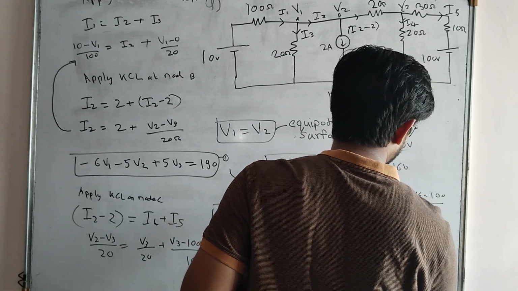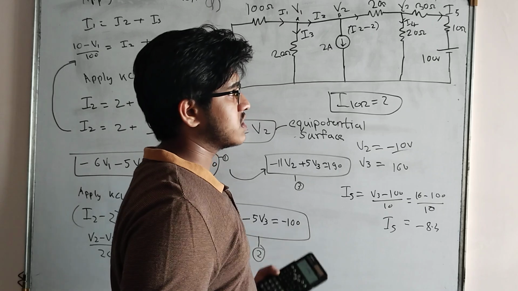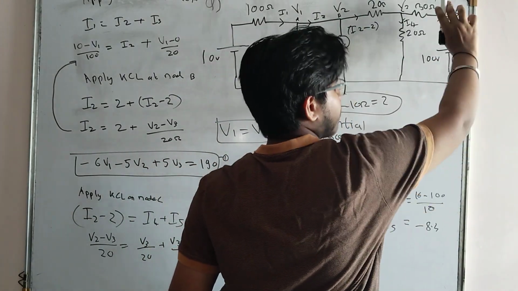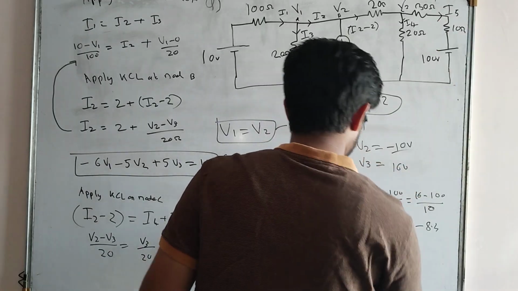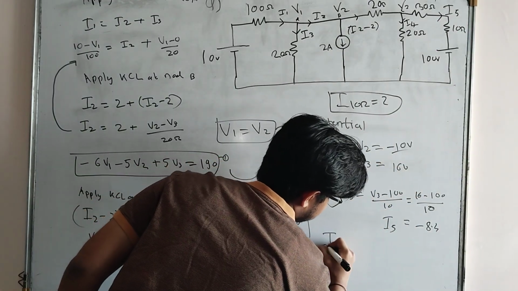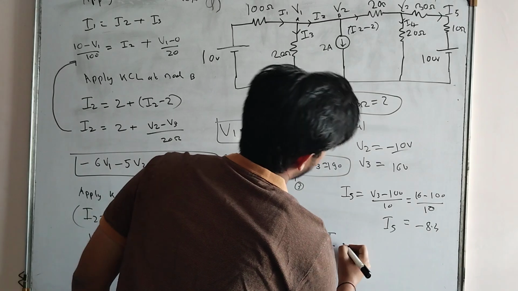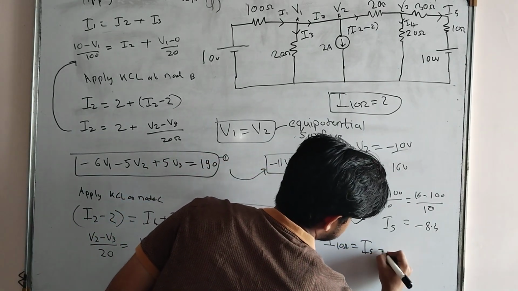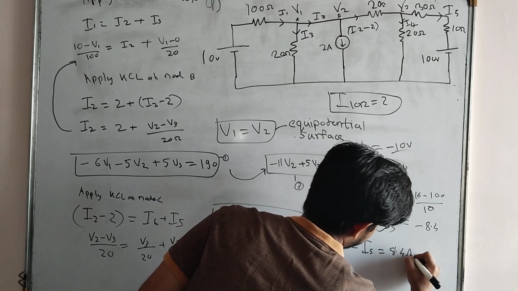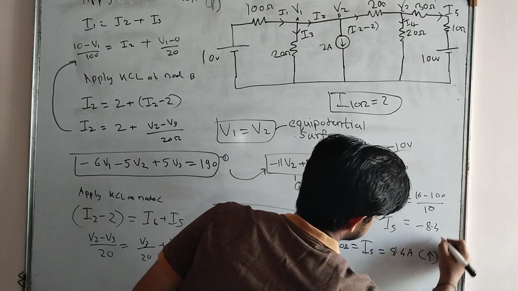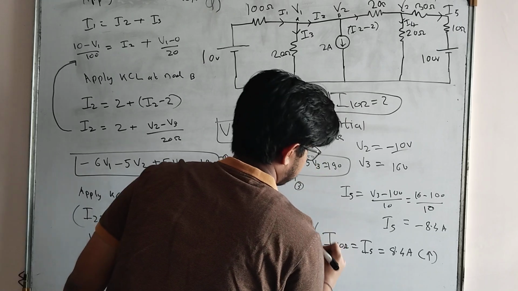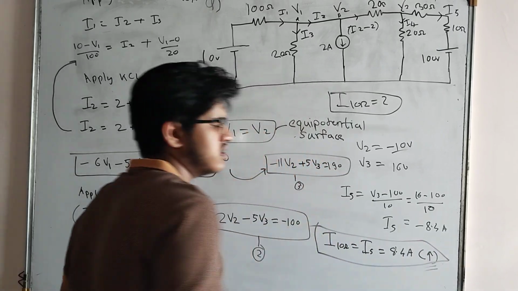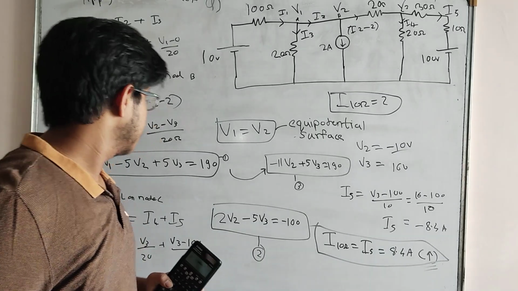Now why this minus sign? So this denotes that my current is not flowing in this direction, it is flowing upwards. Okay. So I will write here the final answer, which is more important. So I through 10 ohm is equal to I5, which is equal to 8.4 amp flowing upwards. This is my final answer of this question, where writing this is very important.